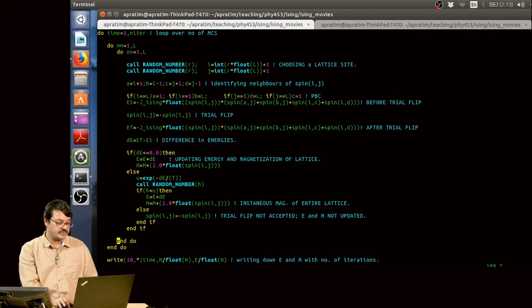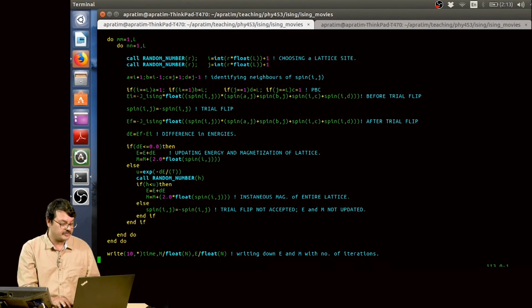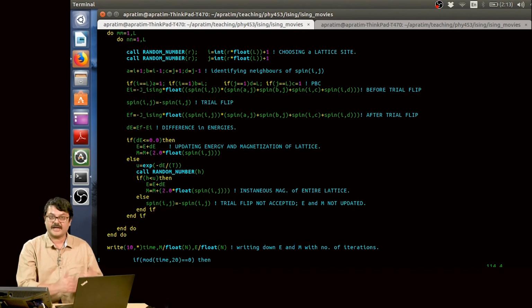These two end dos correspond to these two dos, and it has been written in a manner so that these end dos and end ifs can easily be identified. This is the way you write programs, so that you do not get lost between dos and end dos, ifs and end ifs after 100 lines. So, that is why you structure the writing in the way it has been done here.